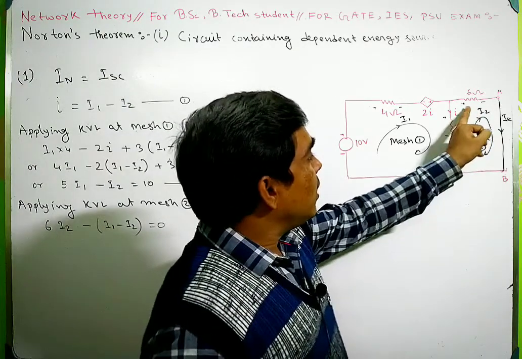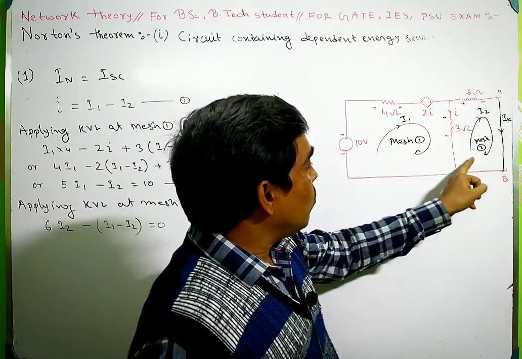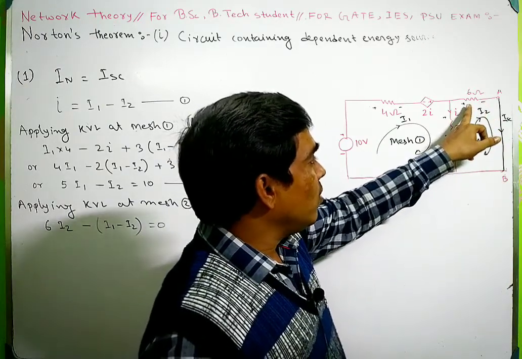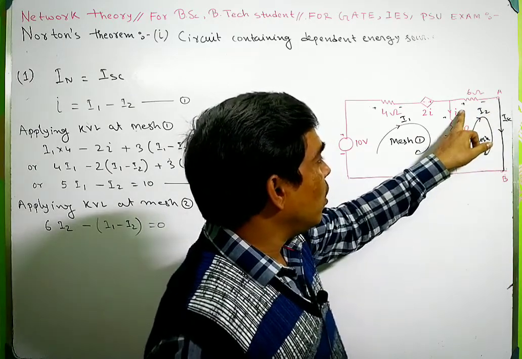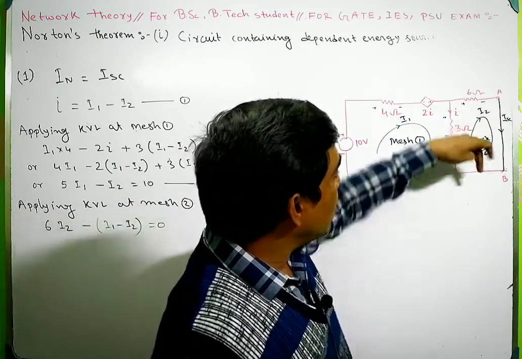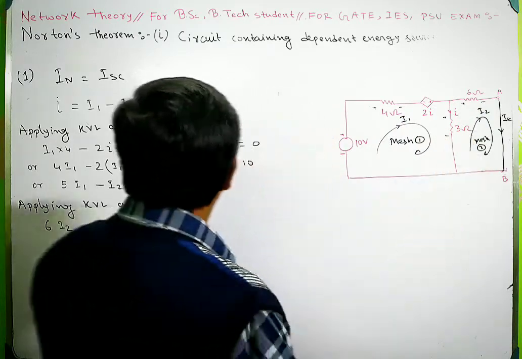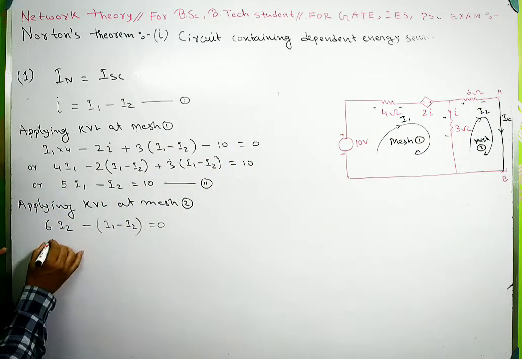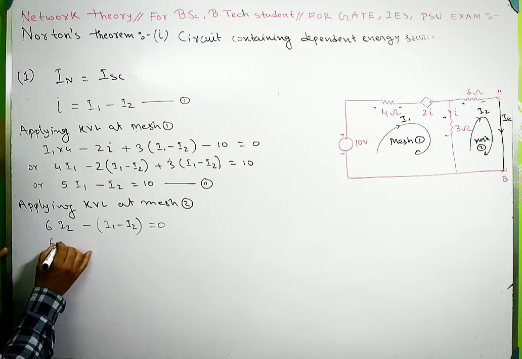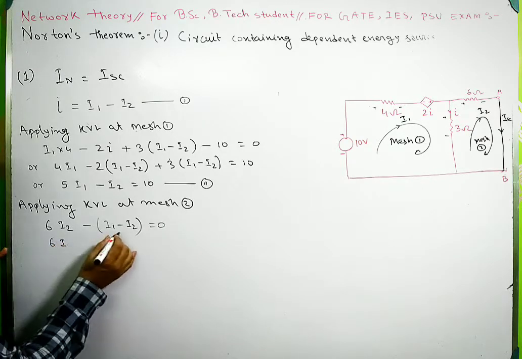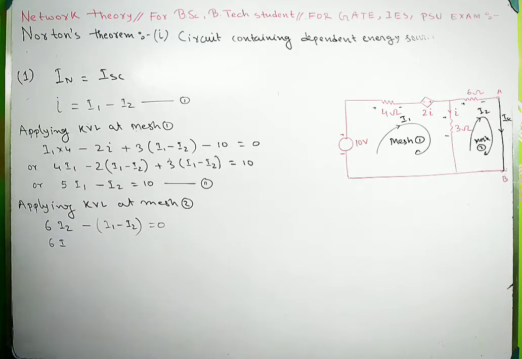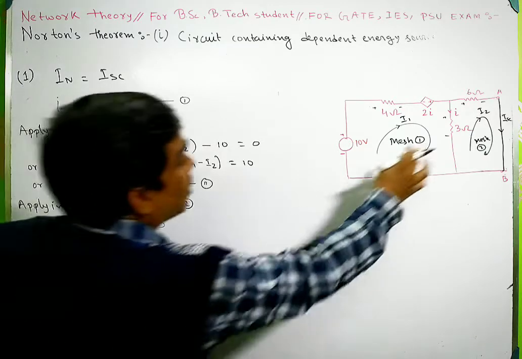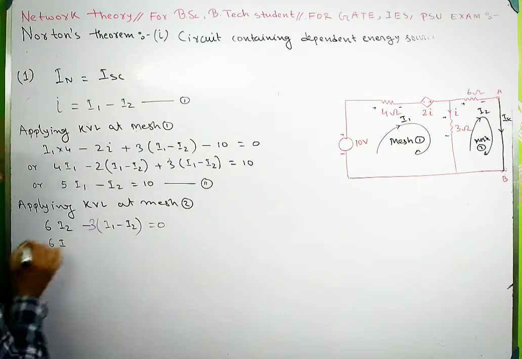If you take the direction of current in this way, this is plus minus, minus plus, so the current through this direction is I1 minus I2. So in this way it can be written as 6I2, and this is also a 3, so it is 3.